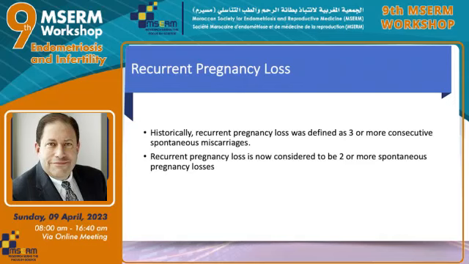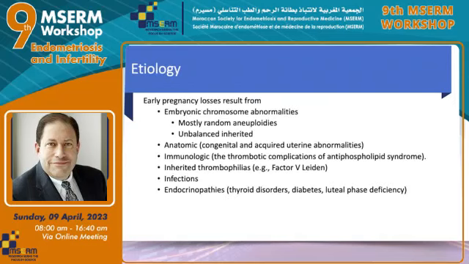So when we take a look at the etiology of loss, honestly, that is a presentation unto itself. But just in one slide's worth, early pregnancy losses, and we're talking primarily losses before 20 weeks, first and foremost, the major reason are chromosome abnormalities.